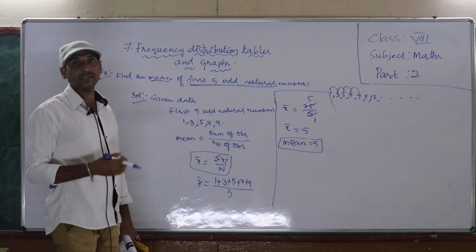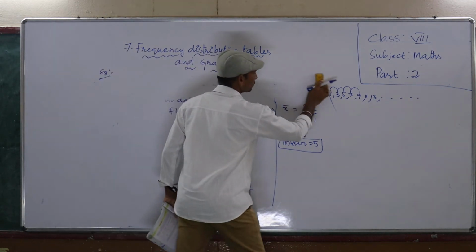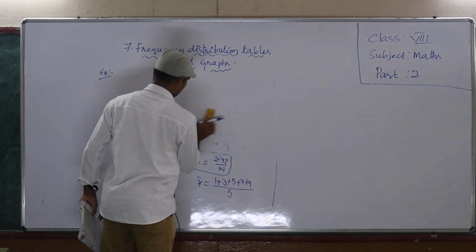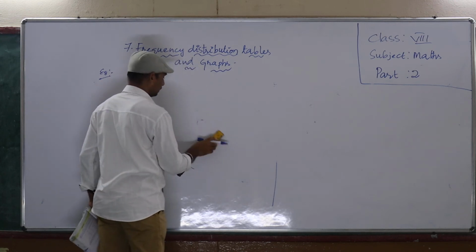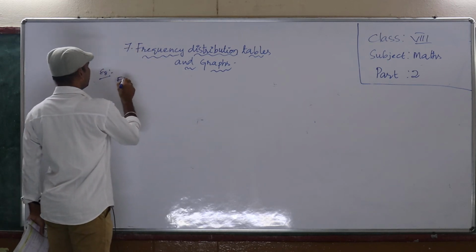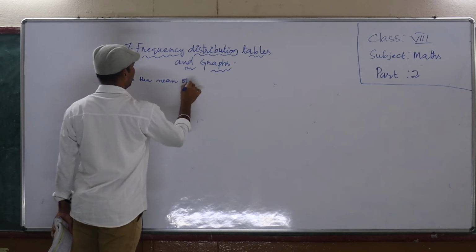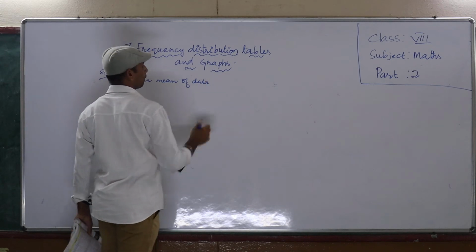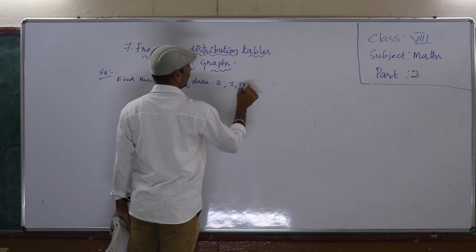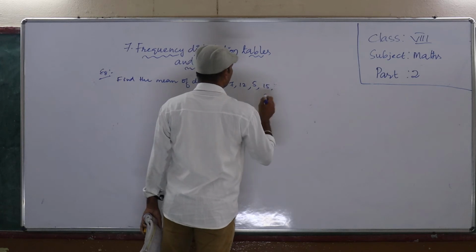Okay, children? Let us discuss one more example. Yes, see. Find the mean of data 2, 7, 12, 5, 15.